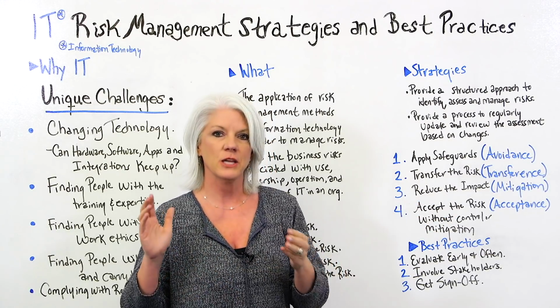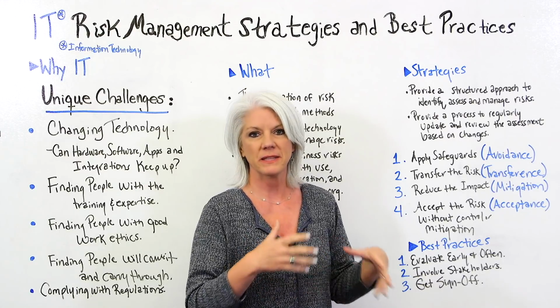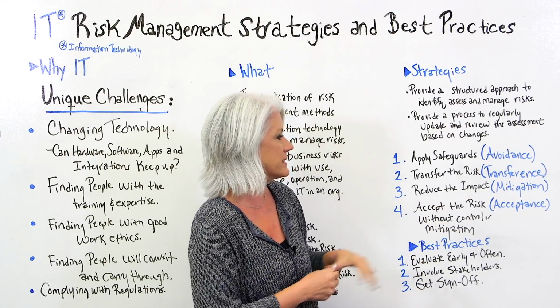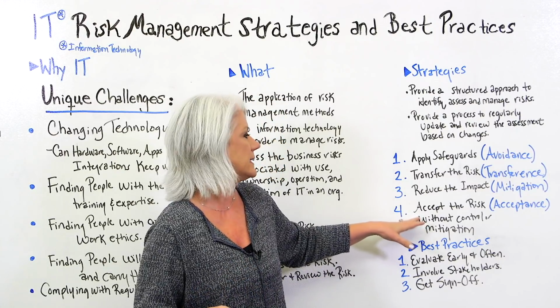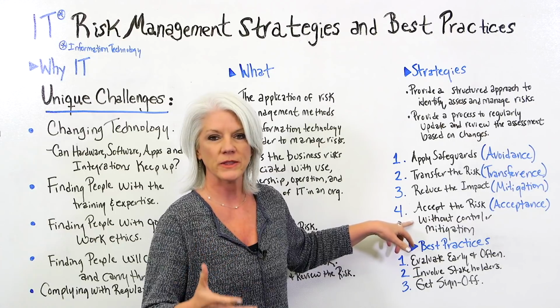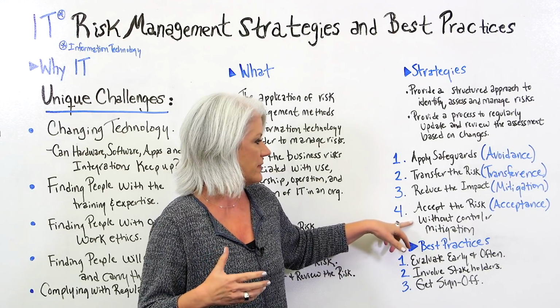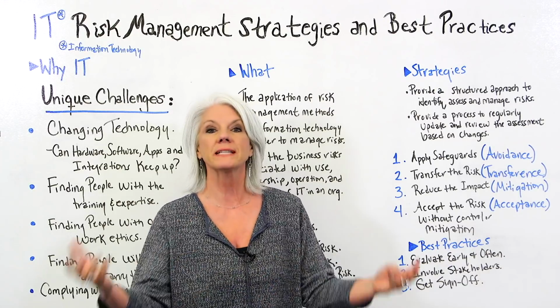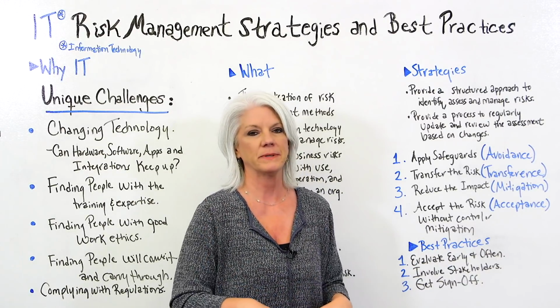You do everything, you put all the processes, methodologies, teams, whatever in place to mitigate it if it does happen. And then the fourth one is you accept the risk. You know going in what the risks are, and then you accept it without control or mitigation. You just say, if this happens, we're going to go ahead and accept it, and we're going to deal with it if it occurs.